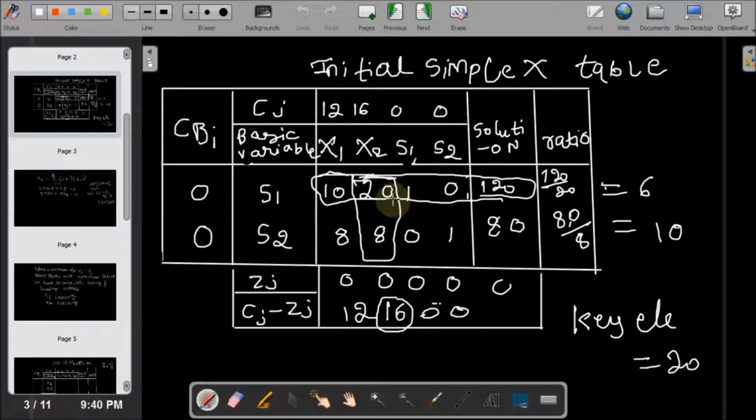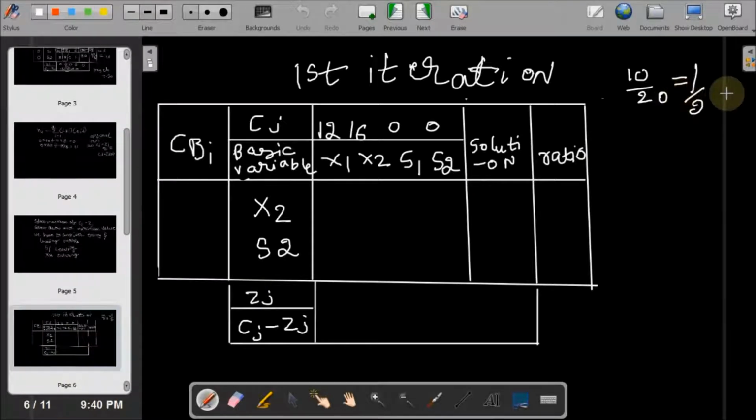What is my key element? 20. So 10 by 20 is 1 by 2. And what is the cost of x2? 16. You have to write this. Earlier it was 0, but now the cost of x2 is 16.